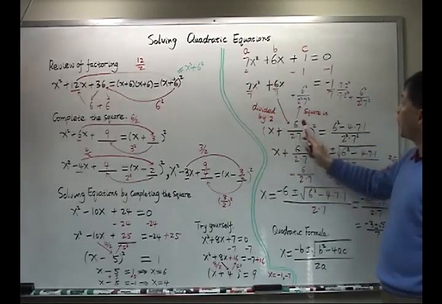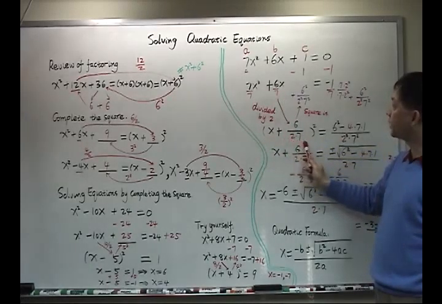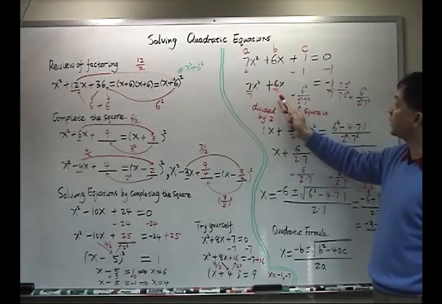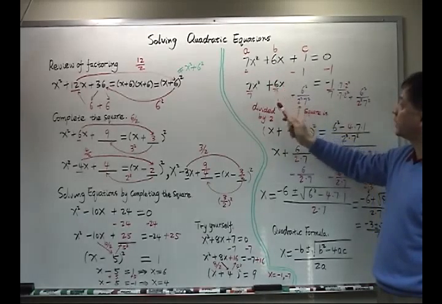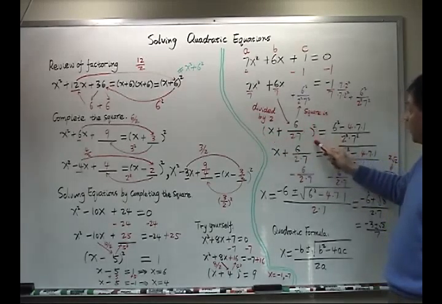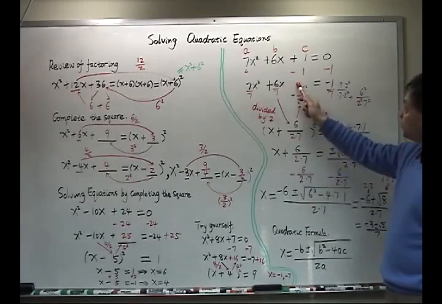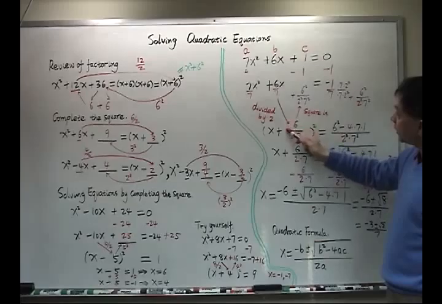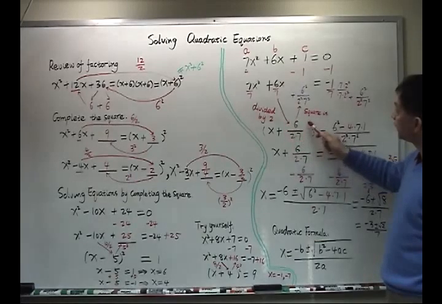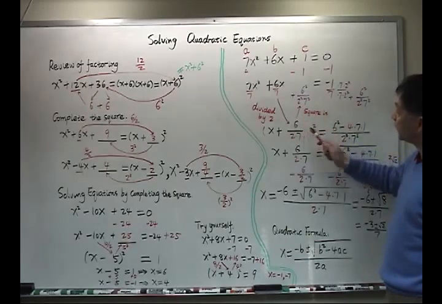For the complete square of those two terms, inside the bracket should be the coefficient of x divided by 2. Then you have 6 over 7 divided by 2 is like that. Then we got the complete square. What number we should put here is actually the number right here, you square it. 6 squared, 2 squared, 7 squared.